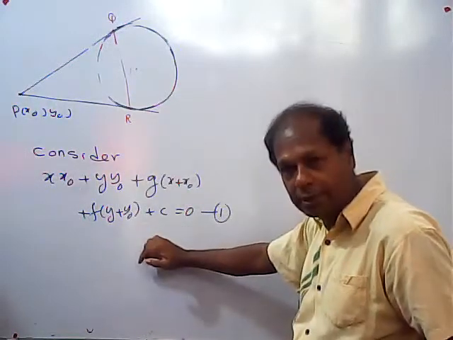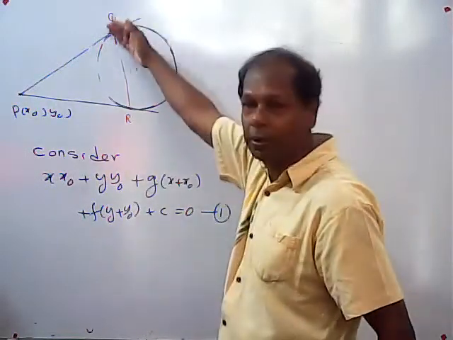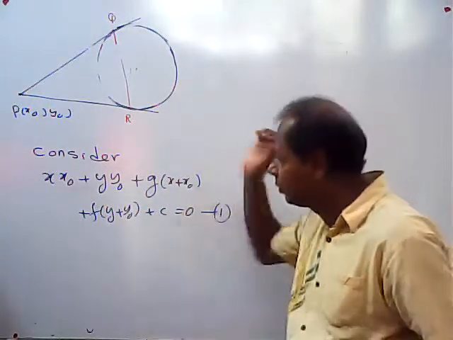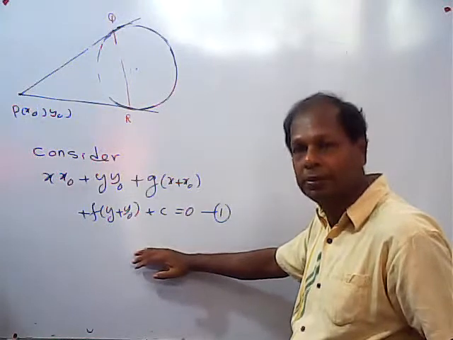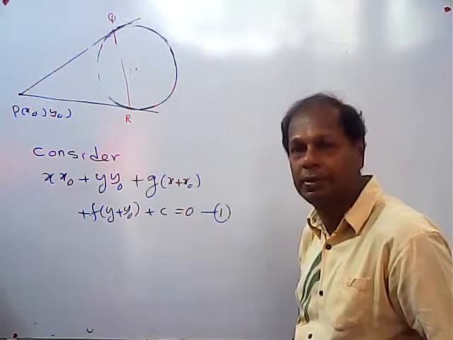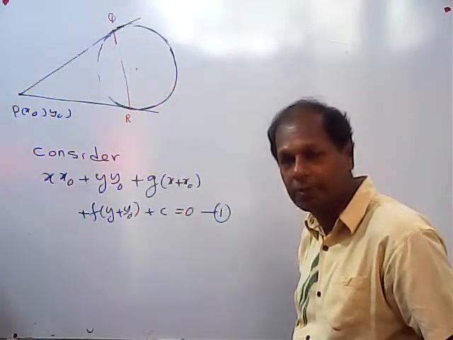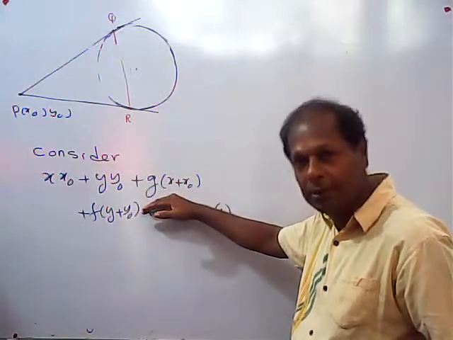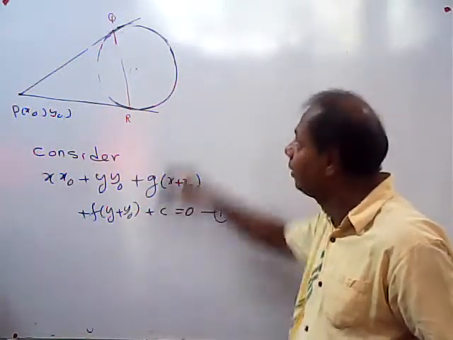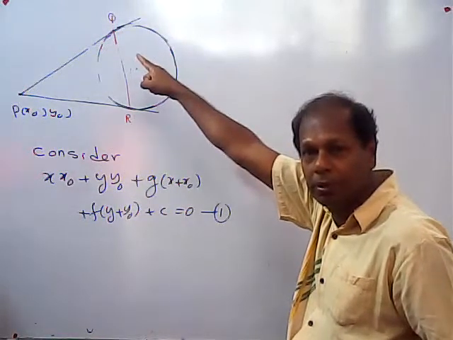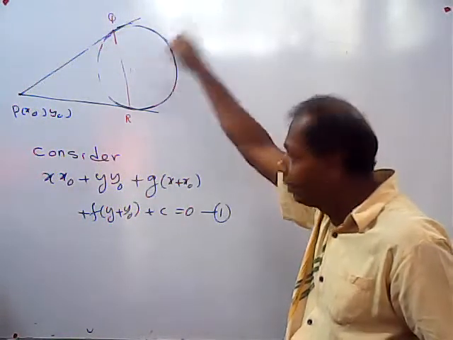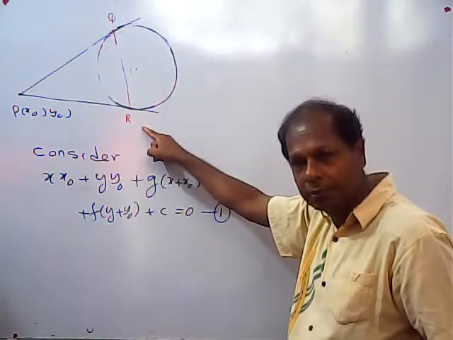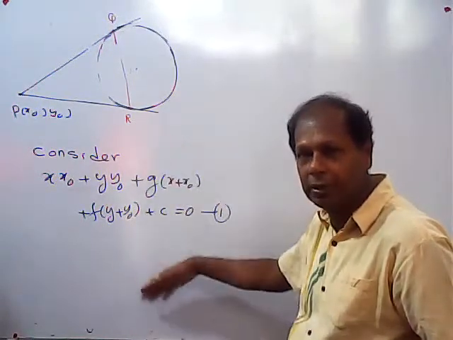If it's a straight line and it passes through the point Q and point R, then it has to be the equation of the chord of contact QR. So that's our plan. First show that this represents a straight line, then show that it passes through Q, the point of contact, then show that the same way it passes through R also. So then finally we can conclude easily.